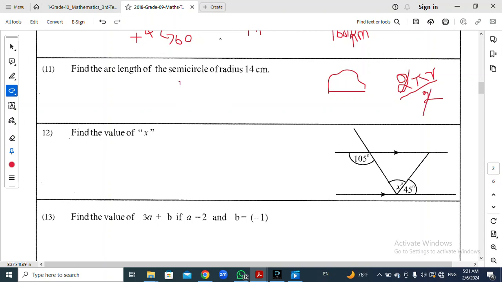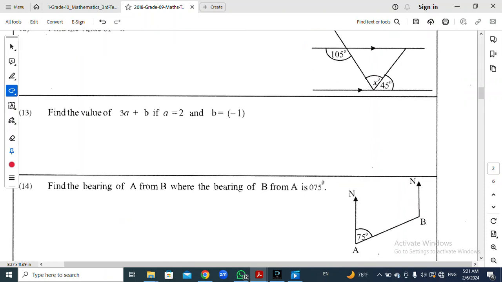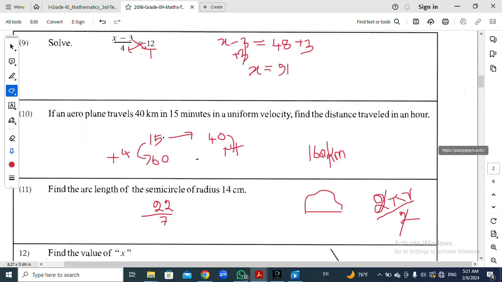So π we know is 22 by 7, into 14. Okay, now it's clear.